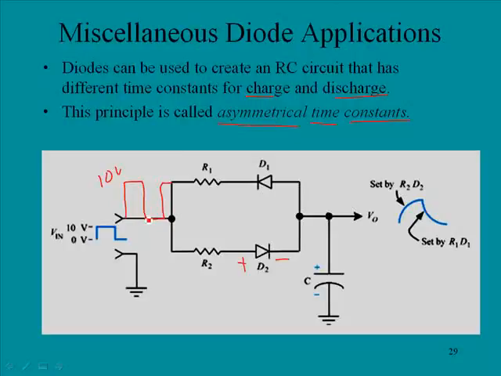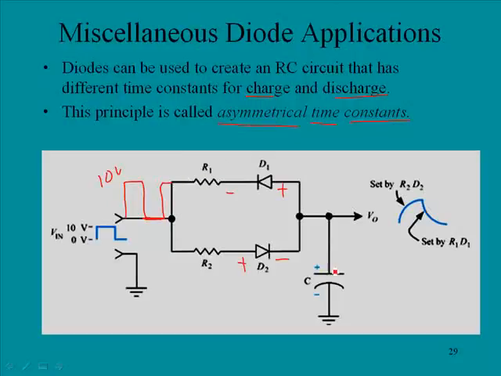Now, when this input voltage drops to 0, notice that we now have our cap charged. It has a positive charge, and so now this is effectively ground over here, and so this diode will be cut off. We'll have a positive charge here, ground potential here. Now this diode is going to conduct, and we're going to have a discharge path through R1.